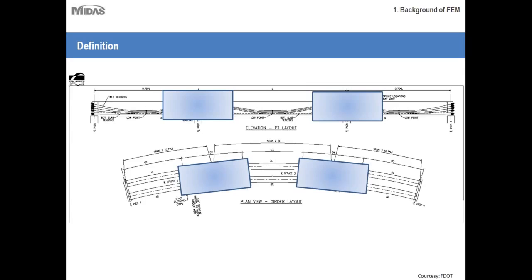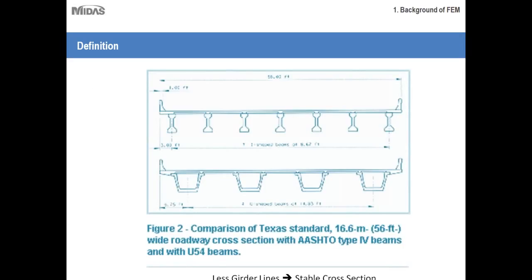So let's talk about the advantages of using this type of section over other conventional practices. Let's first talk about I-girders, which are a very common practice. As you can see in this cross section, there are 7 I-girders, and for this wide cross section, if you're using a U-tub section, you can have 4 girders only.